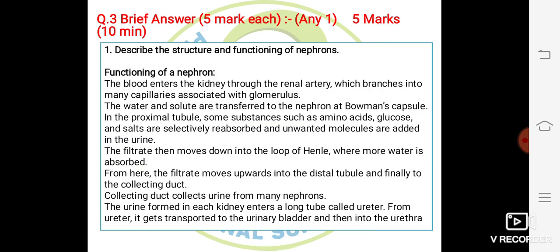You can read the functioning of nephrons once if you require. Please go through it very well, because this is an important answer in perspective to your examination also.